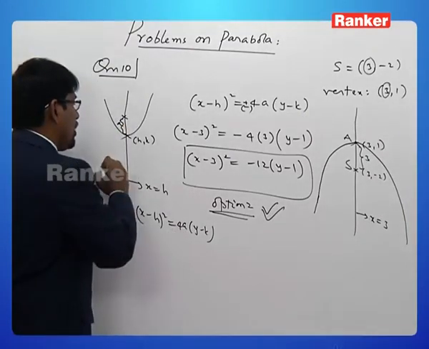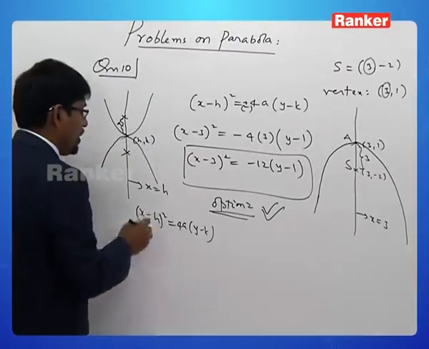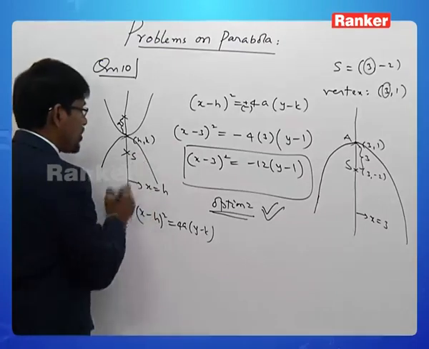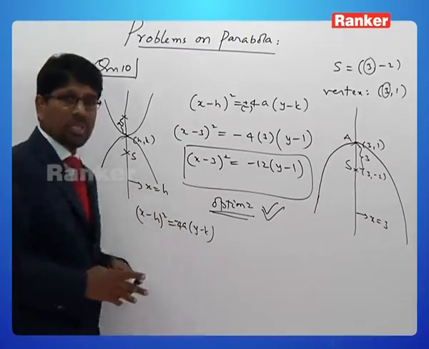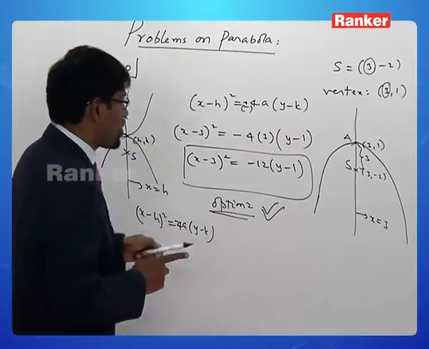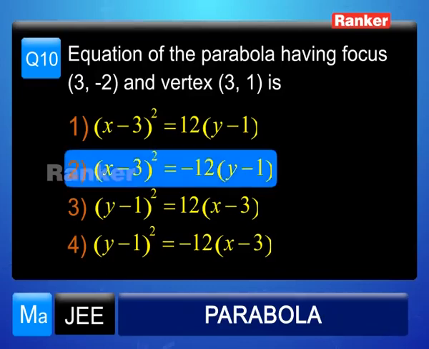But if the focus were to be below, then I would have had a minus of 4a(y - k). That's what we are using here. So, the right option is option 2.